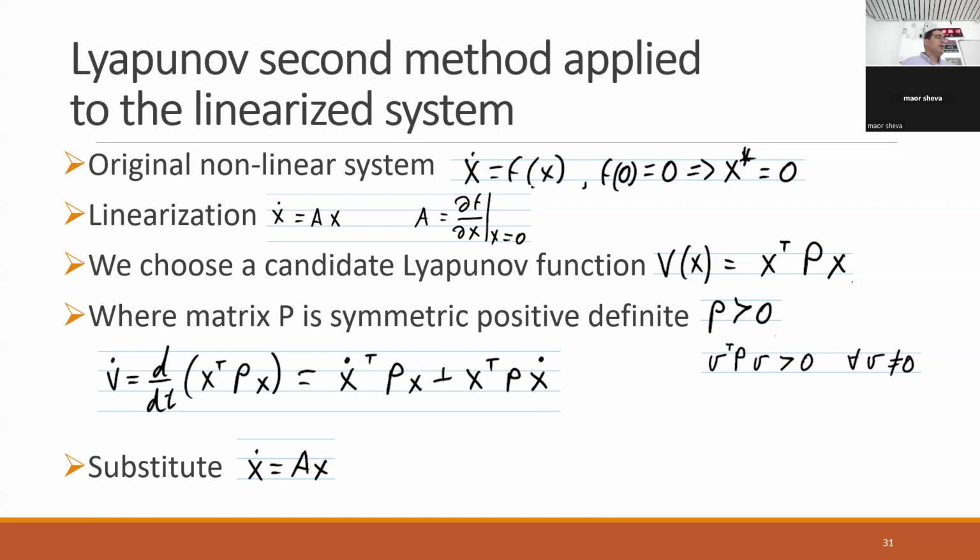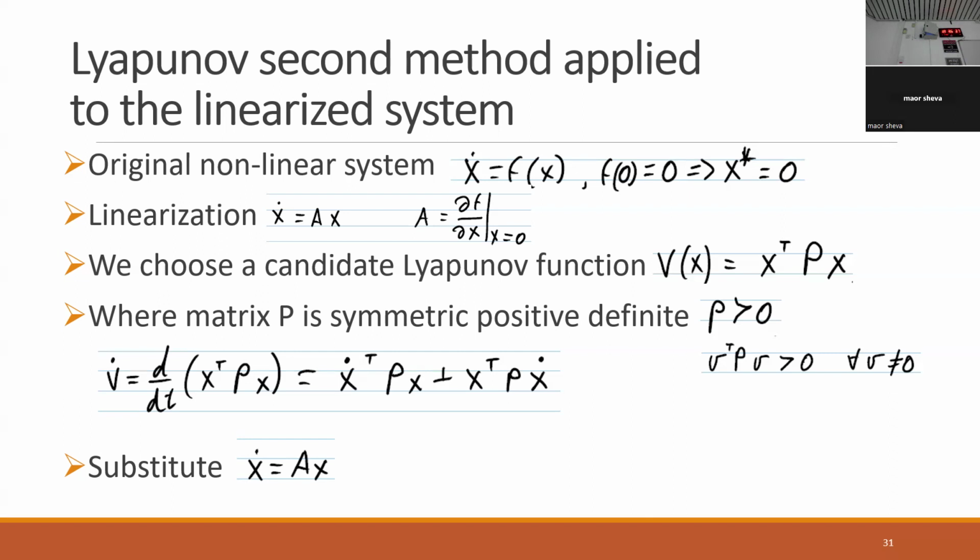Now, we would like to take the derivative according to Lyapunov's second method. We would like to take the derivative of V with respect to time. So it's dV/dx times dx/dt, dV/dx times x dot.